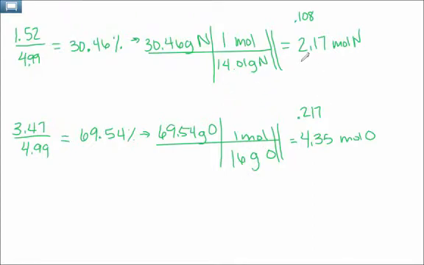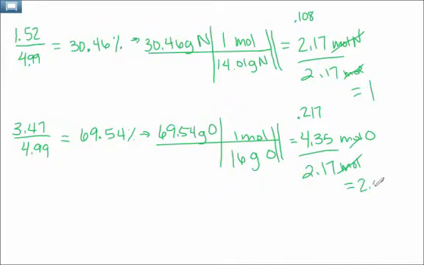Find a mole ratio by dividing by the smallest one. So that would be 2.17. Ignore my numbers that I wrote up there. So we're close enough that we can round to 2.